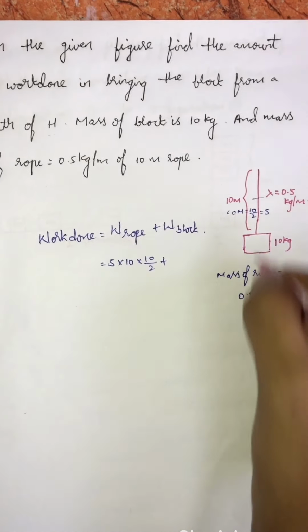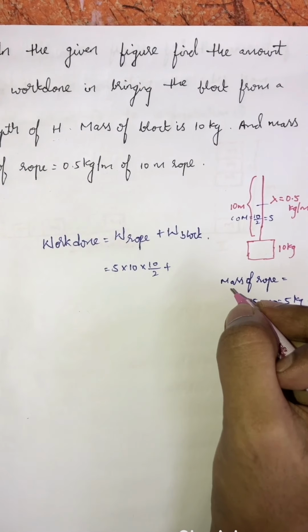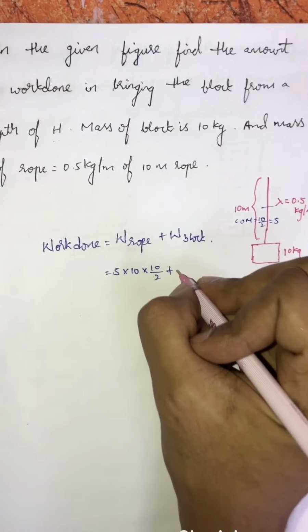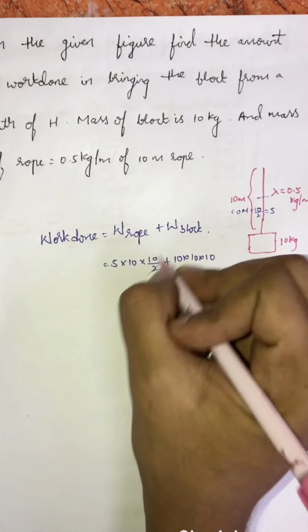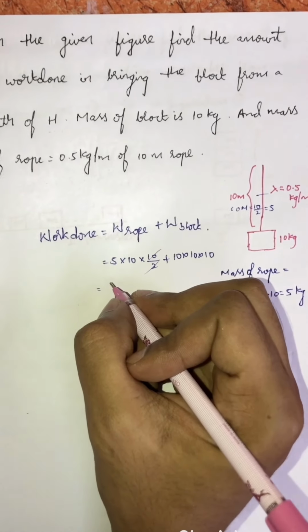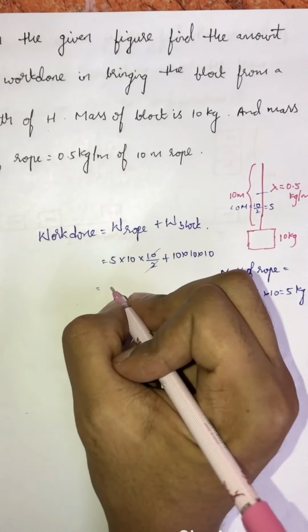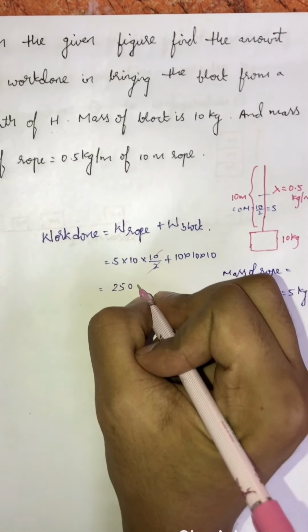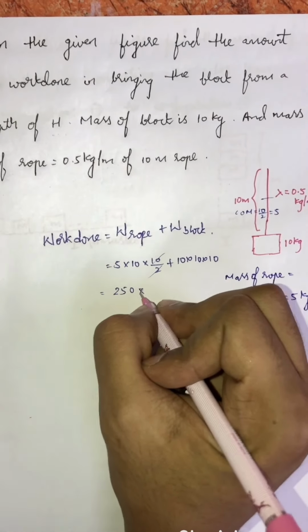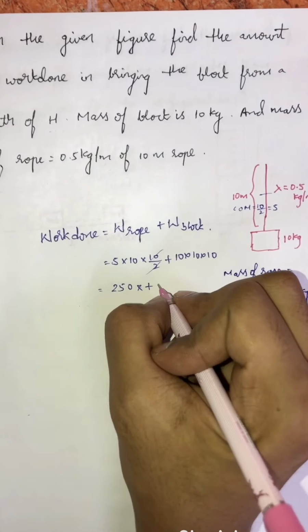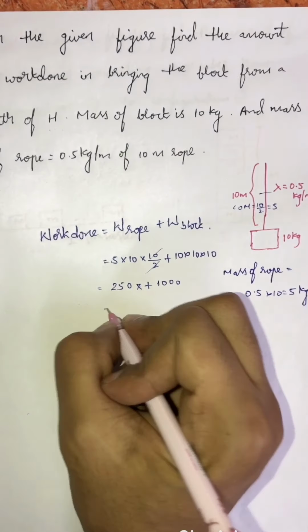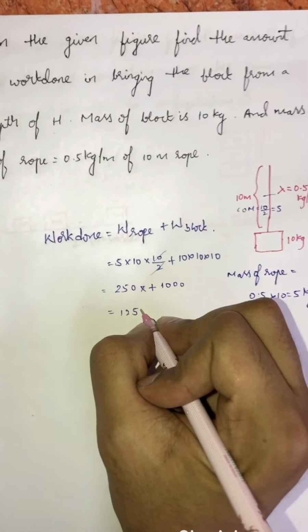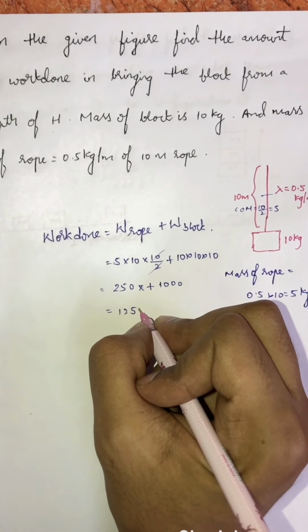So mass of the block 10, gravitation 10, into 10. 5 5s are 25, into 10, 250, plus 1000. So work done will be equal to 1250 joule. That's it, simple.